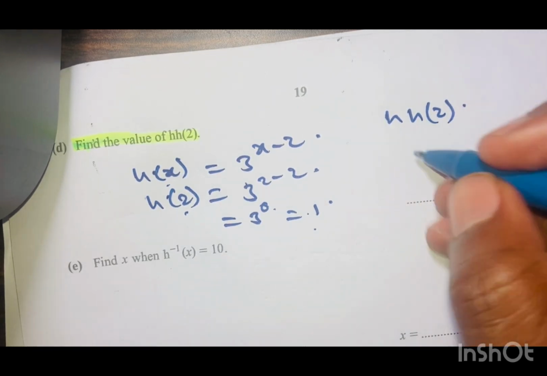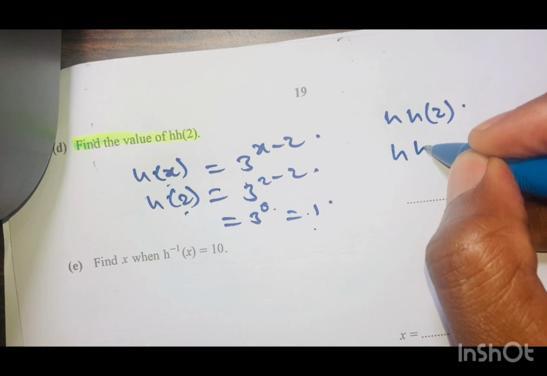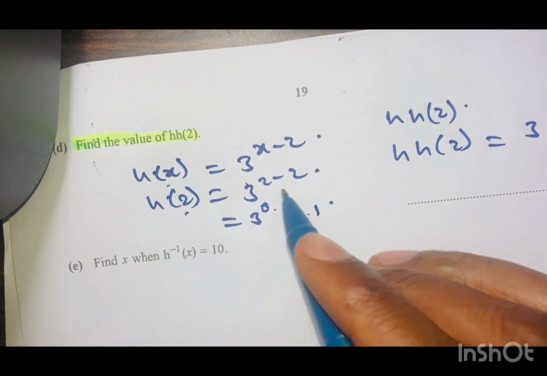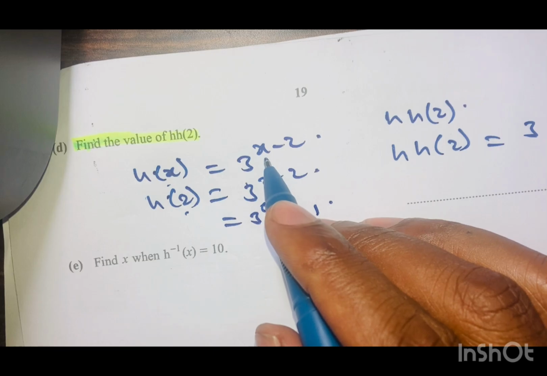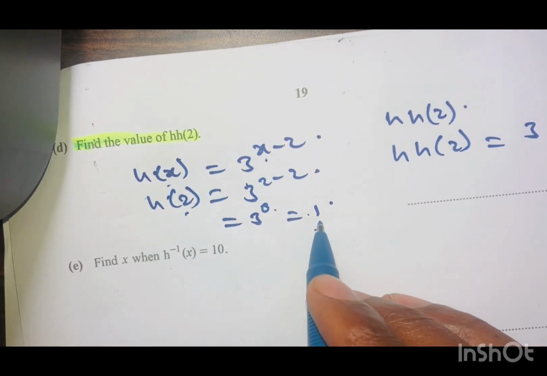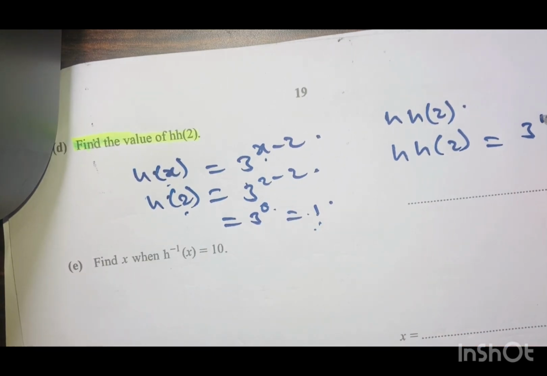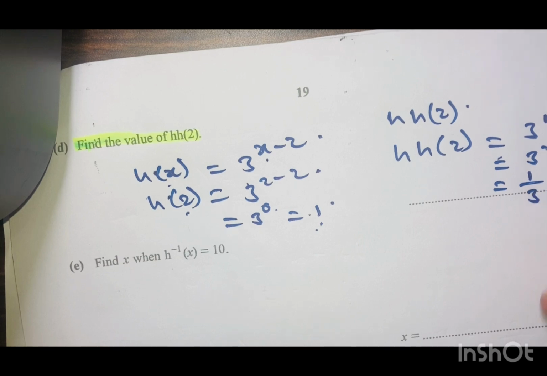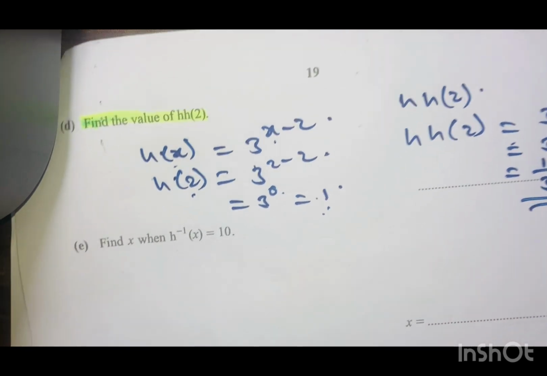I'll say 3 to the power of, where x is, I'm putting h of 2, which is 1. So 1 minus 2, which is equivalent to 3 to the power of minus 1, which is 1 over 3.